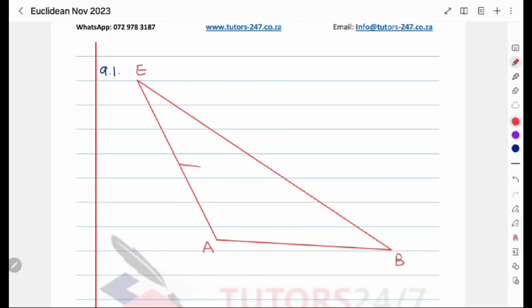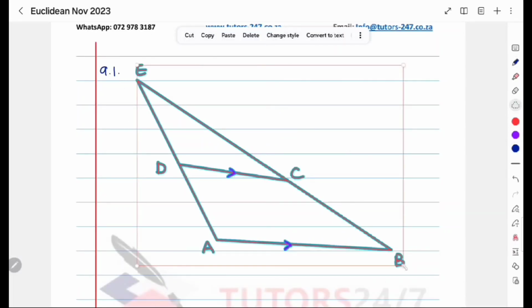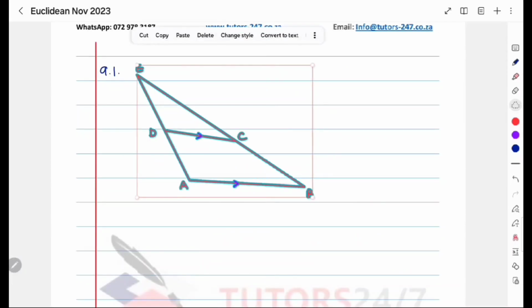We have this parallel line. This is DC. Please take note that these two lines are parallel. Now from here we can use our proportionality theorem. Before we do that, let's make this a bit smaller so we have some space to work with.